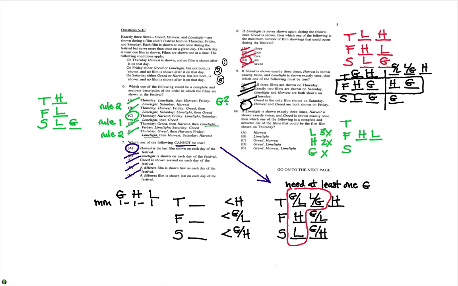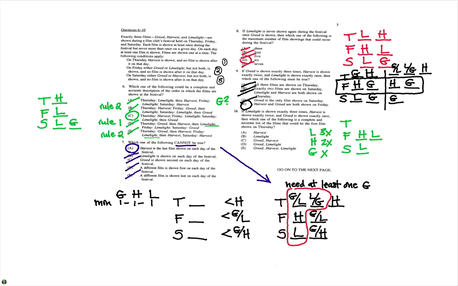We also know that Limelight must show up on Saturday, but it can't be last because it's going to be either Greed or Harvest. But we know that Harvest is showing up twice. Greed is showing up only once.